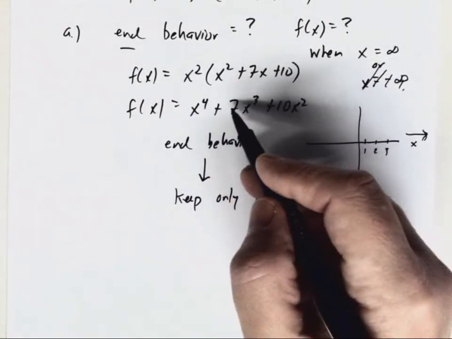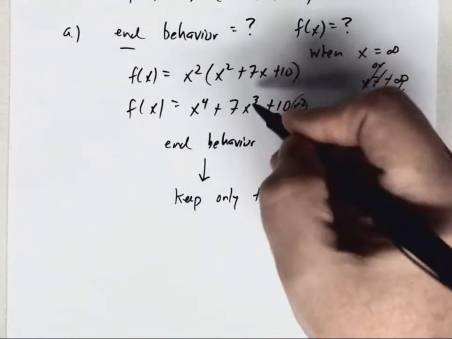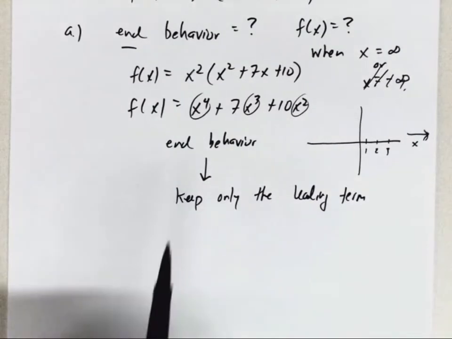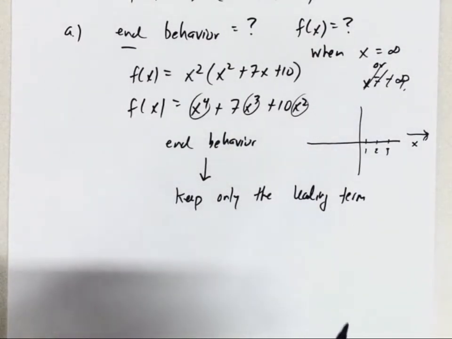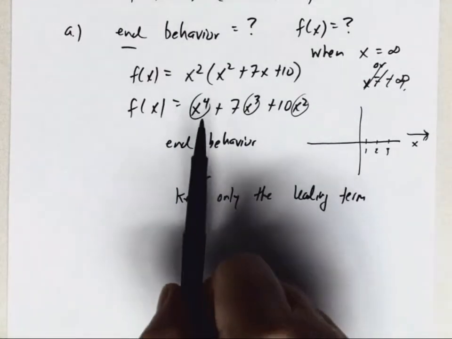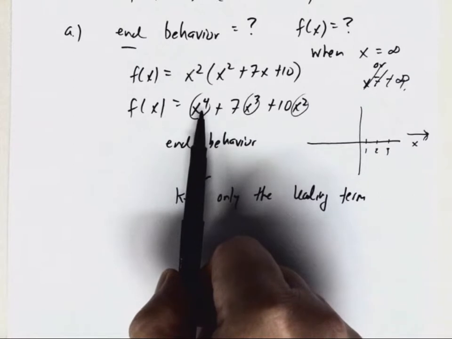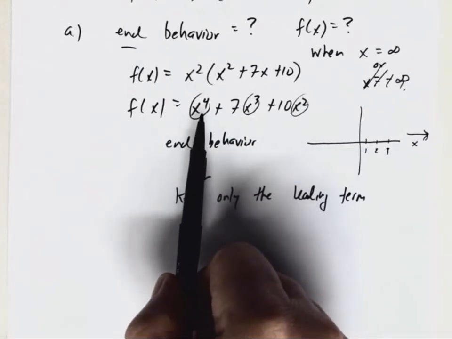In other words, if I had the time and I had my calculator, what have I got here? x to the 4th plus 7x cubed plus 10x squared. The key things are x to the 4th, then plus x cubed plus x squared. Do you know what happens when you start plugging in really big numbers for x? Because this is x to the 4th, that means you multiply the number times itself 4 times.